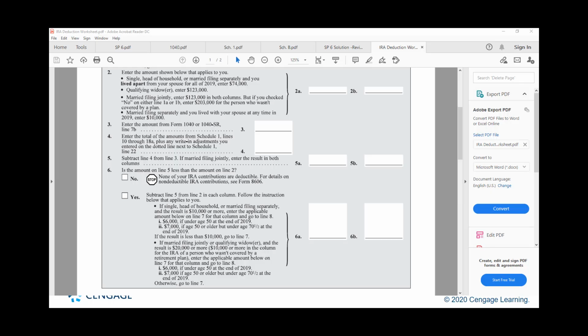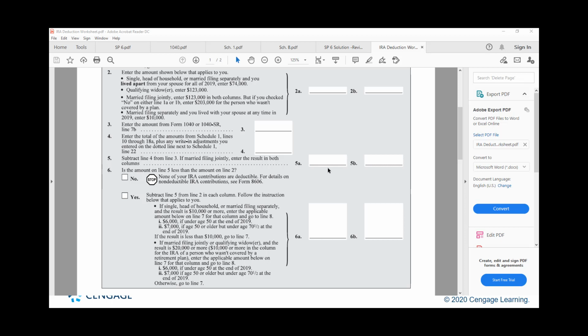Line 6, it asks, is the amount on line 5 less than the amount on line 2? The answer is yes. And then subtract line 5 from line 2 in each column. In other words, we are comparing line 2, the threshold of $74,000, to the amount of income after subtracting the adjustments to income.